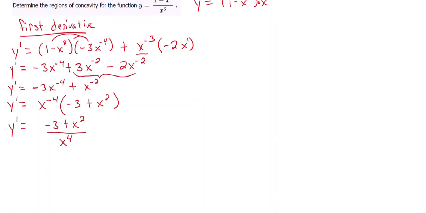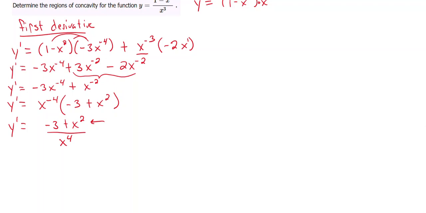And there you go. So that's my first derivative. And do you see what I mean? Now it's easier to see what would make this equal to 0, because I just need to focus on what makes the numerator equal to 0. When it was written in the other form, it was definitely more difficult to see what would make that equal to 0. So that's what we're going for in this.